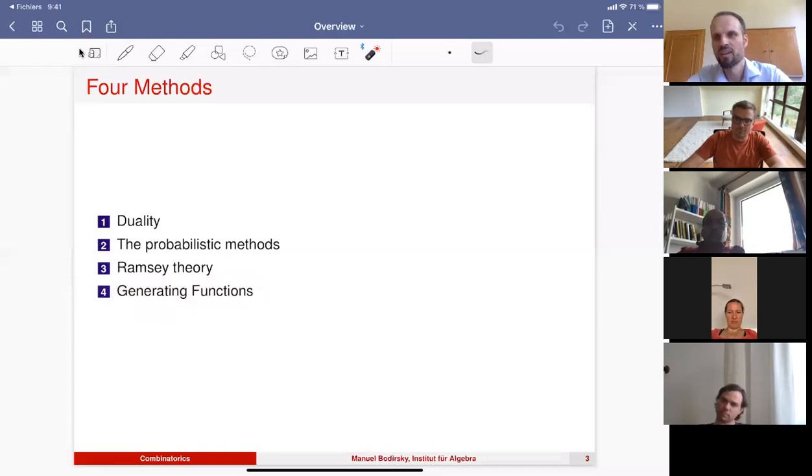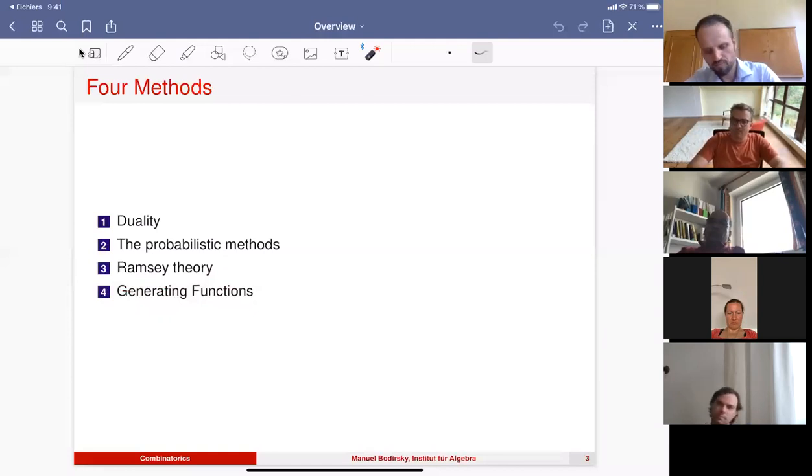If you want to determine the growth of this counting sequence, to determine the asymptotics, tools from complex analysis become important. So it links with other things that students in the third year are learning.